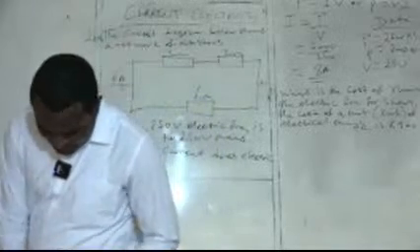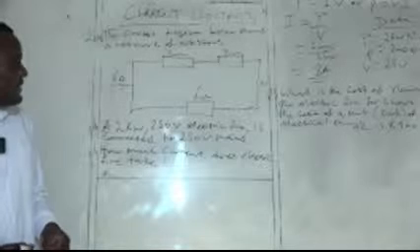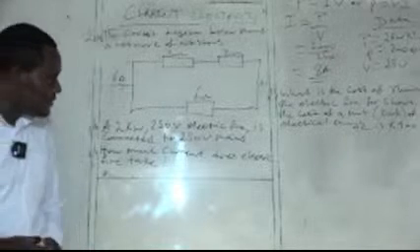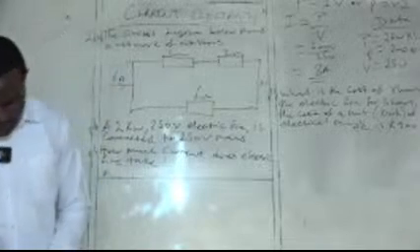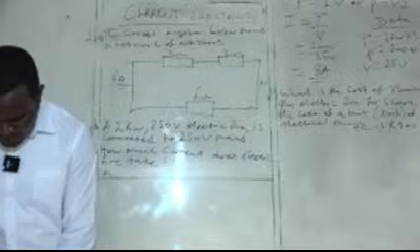So the question is saying, what is the cost of running the electric fire for 5 hours if the cost of a unit, a kilowatt hour, of electrical energy is 900 kwacha.